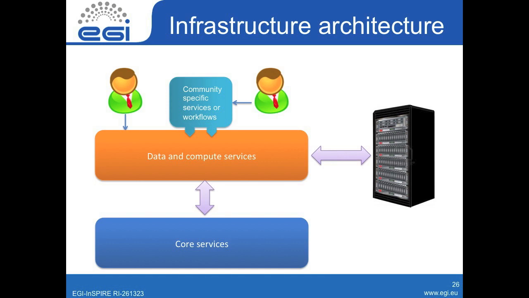This slide basically shows a very simple schema of how the EGI infrastructure tools work. There is the set of data and compute services I described in the first part of this presentation that usually handle the access to the physical resources. So what users do is to directly use this workload management system and these file transfer services to use the physical resources through the data and compute services, the orange box.